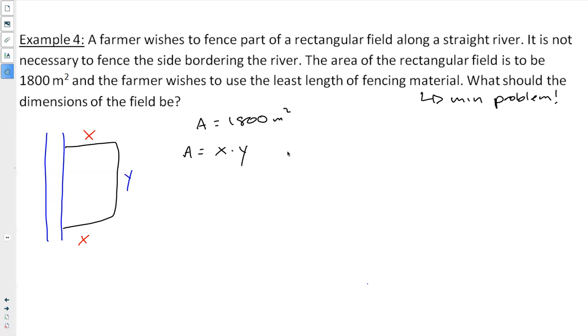So let's write this equation in terms of y. So we'll divide both sides by x. Now we have found y is equal to area divided by x. Area is 1800 divided by x. So that is y.